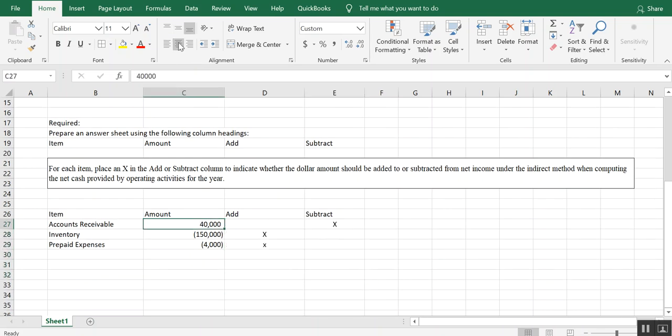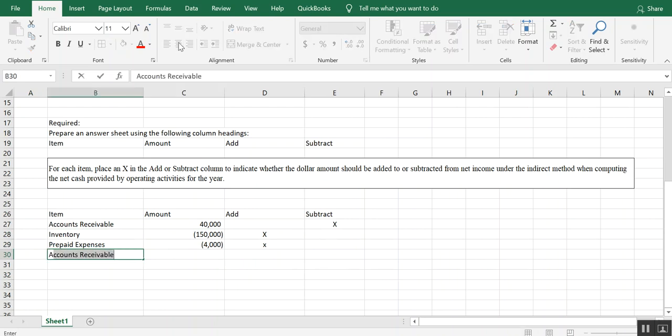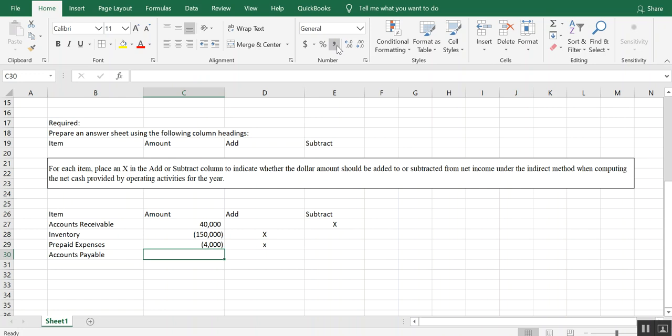All right. The next item that we have up is our accounts payable. And our accounts payable is also a decrease of 57,000.